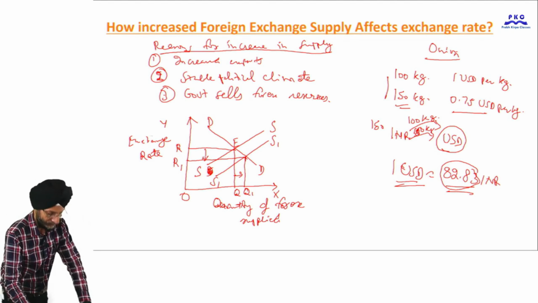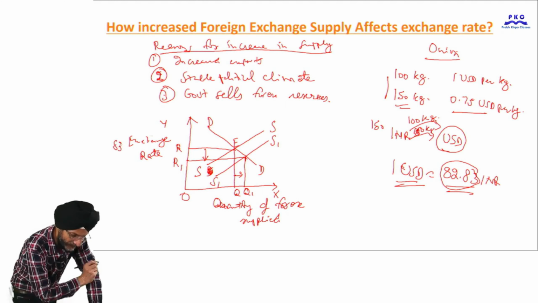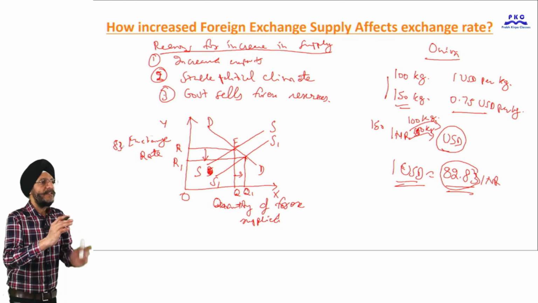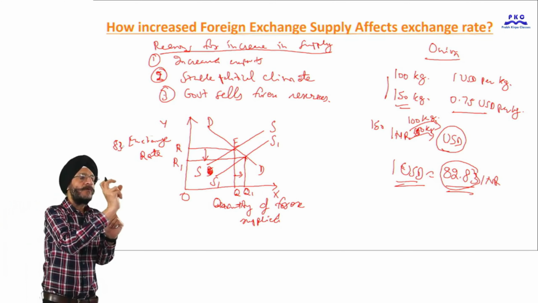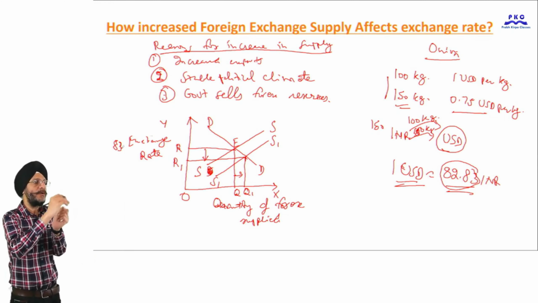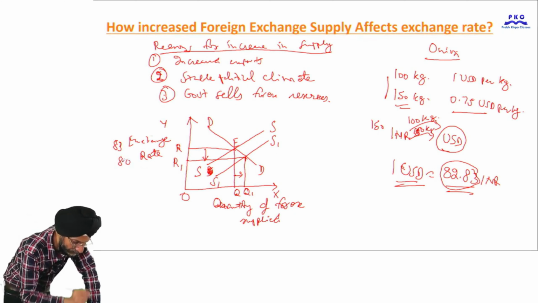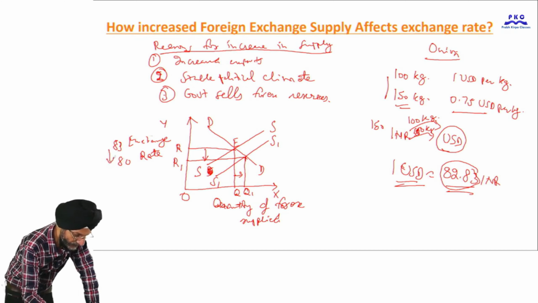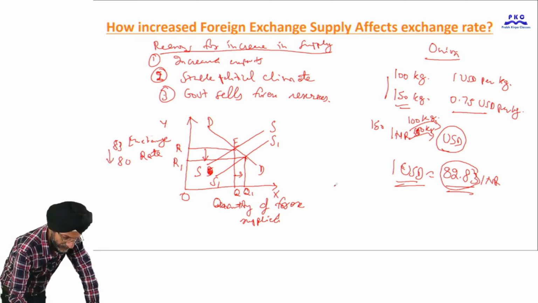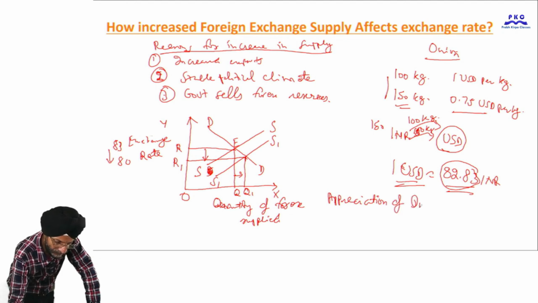What does it mean? Suppose it was earlier 83 Indian rupee. That is, earlier to get $1 we had to pay 83. But as the supply of US dollar or foreign currency has increased, the exchange rate has decreased to say 80. What does it mean? It means that there is appreciation of domestic currency.